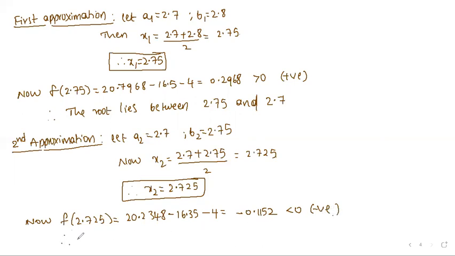Therefore, the root lies between నెగిటివ్ కాబట్టి 2.725 అండ్ పాజిటివ్ ఎక్కడ ఉంది, ఇక్కడ పాజిటివ్ ఉంది, 2.75. కాబట్టి నెక్స్ట్ థర్డ్ అప్రాక్సిమేషన్.